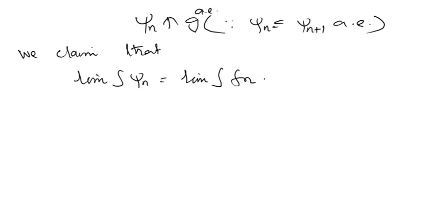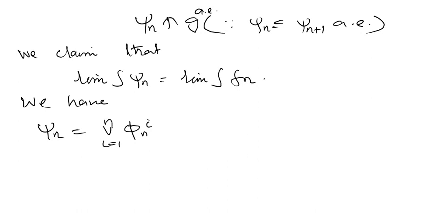Okay, so we have the following. We have psi n, which is equal to the join of phi n i, i runs from 1 to n, and that's equal to phi n1 join phi n2 join ... phi nn.